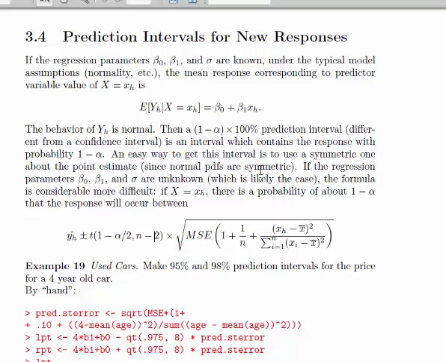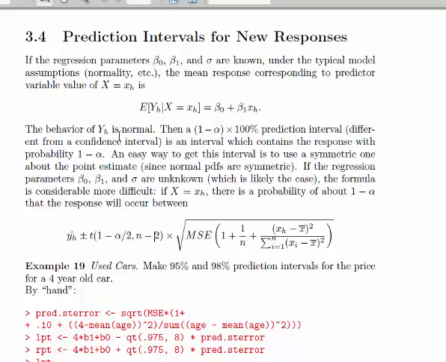It turns out that if x takes on the value of xh, where h is for here, then what's the expected value of the actual y value there? It's beta naught plus beta 1 times xh. Just plug xh into the regression line equation.